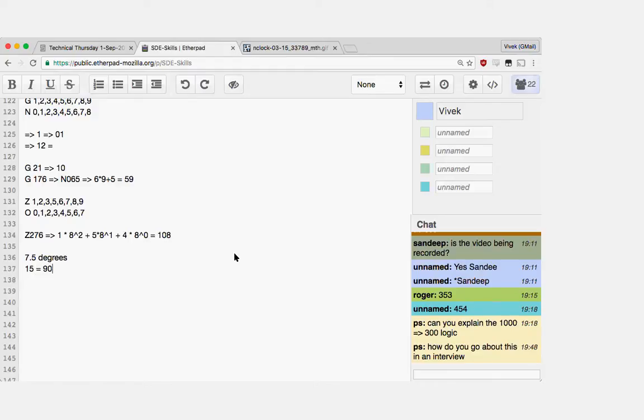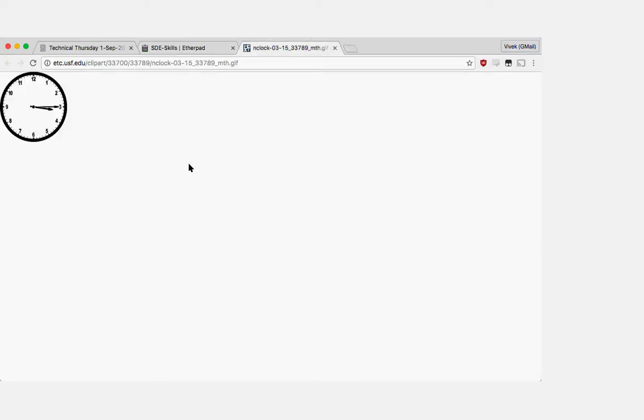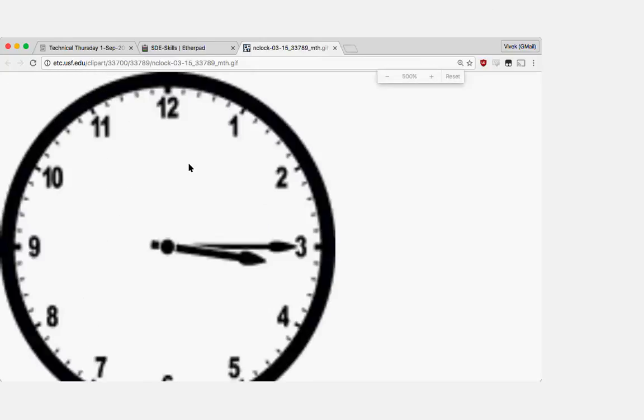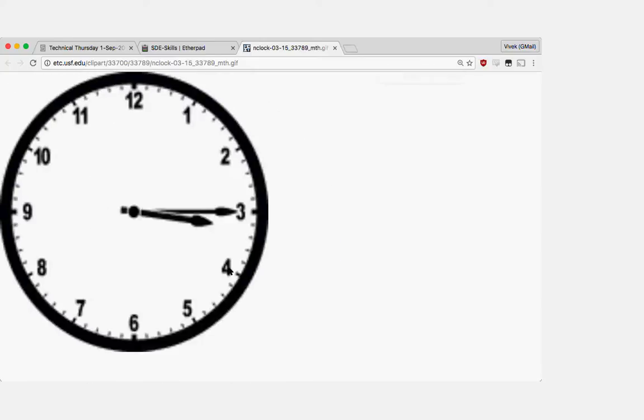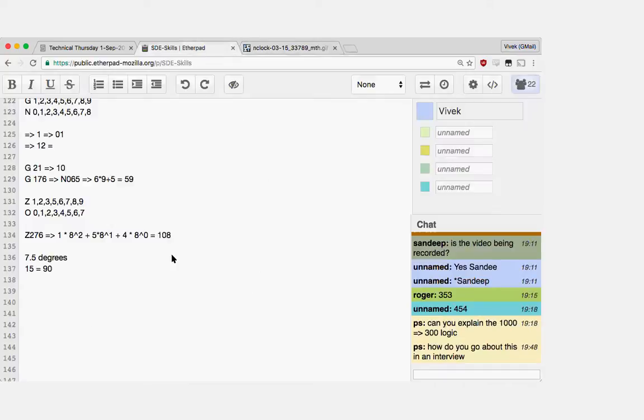So what you're saying is that between 3 and 4, it's actually 30, right? So 30 degrees represents 60 minutes.